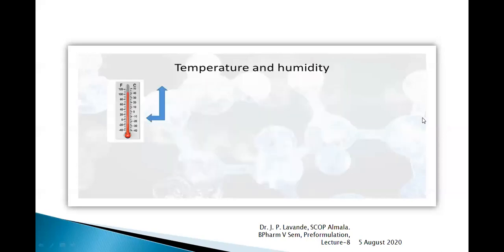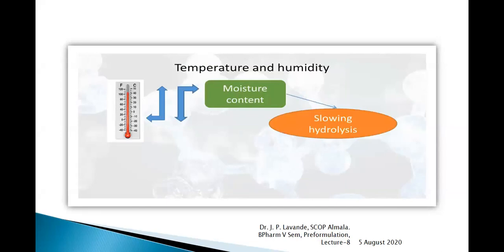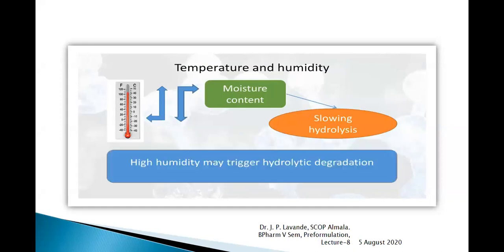Now, temperature and humidity also have an effect on stability through hydrolysis. How? If the temperature is increased, the moisture content goes on decreasing. When the moisture content decreases, that causes a reduction in hydrolysis, so it will slow the process of hydrolysis.